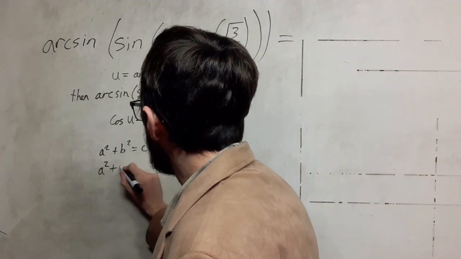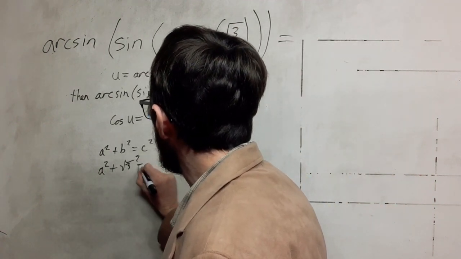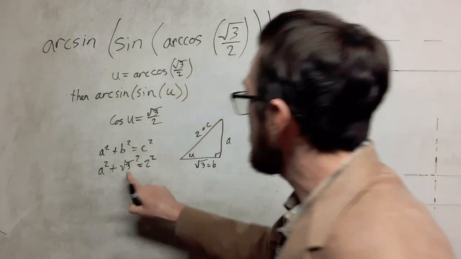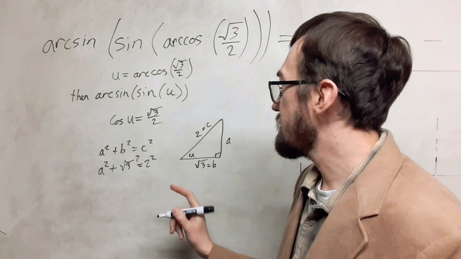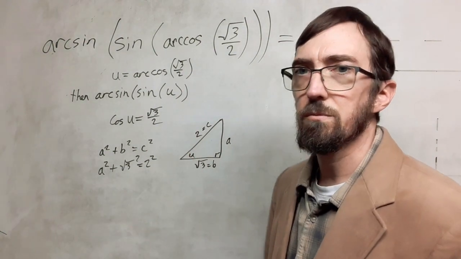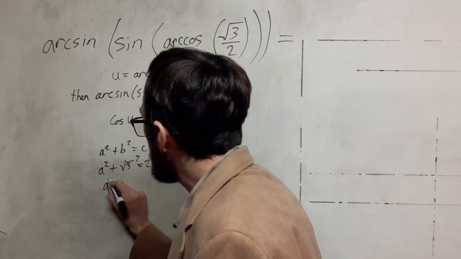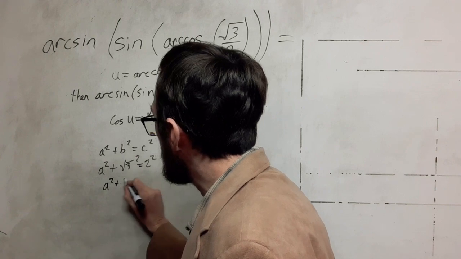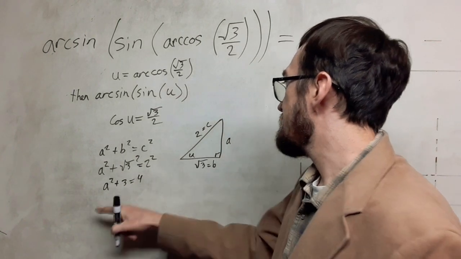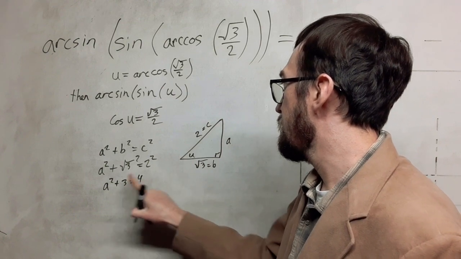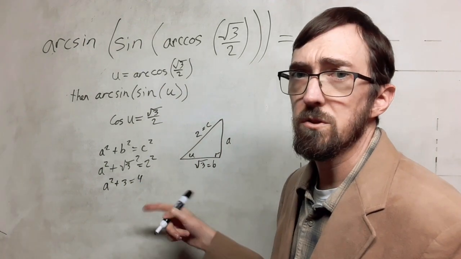a squared plus the square root of 3 squared equals 2 squared. Squared and square root of 3 are inverse operations. This just gives us the 3 back. So we have that a squared plus 3 equals 4. Subtract 3 on both sides and take the square root. 4 minus 3 is 1. Square root of 1 is 1.